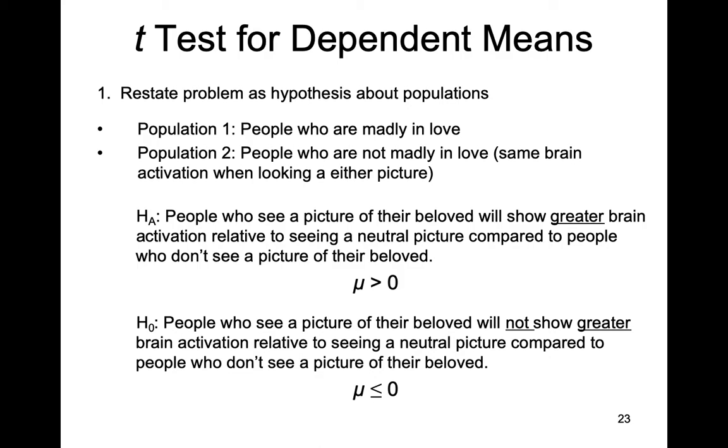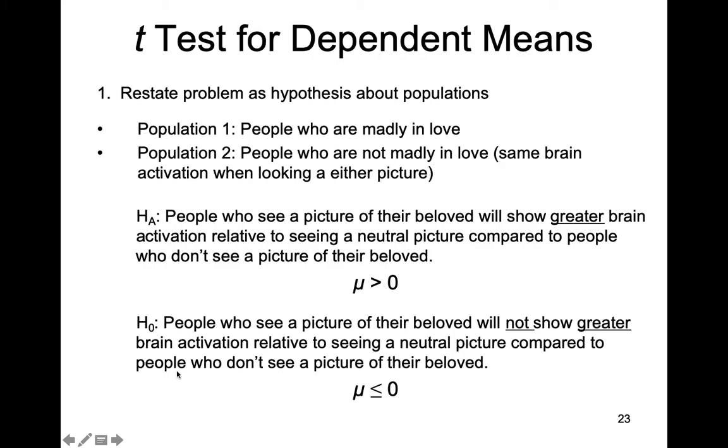The alternative hypothesis is that people who see a picture of their beloved will show greater brain activation relative to seeing a neutral picture compared to people who don't see a picture of their beloved. So in other words, their brain activation will be greater, that they should show a positive change. So their change scores on average will be positive, or greater than 0.